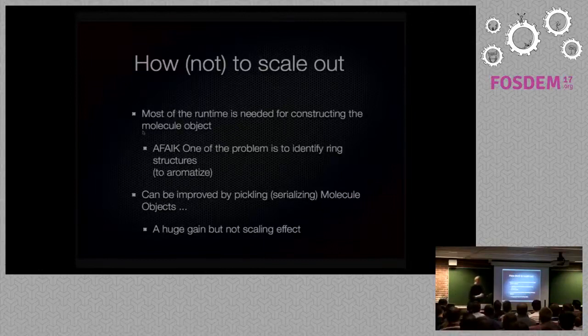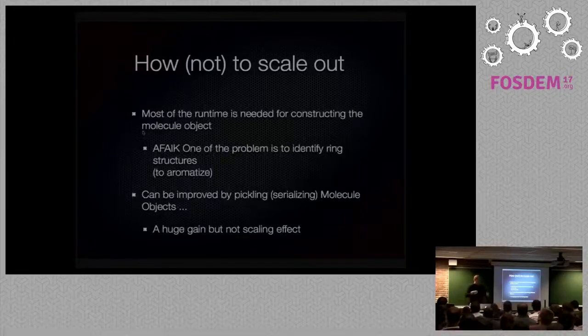Now, about how not to scale out. You can simply benchmark it, and you see that reading in the SMILES notation and constructing the molecule object is the most time-consuming thing in this whole problem. So we can simply read it in one time and dump, serialize, the molecules, which is called pickling in Python.